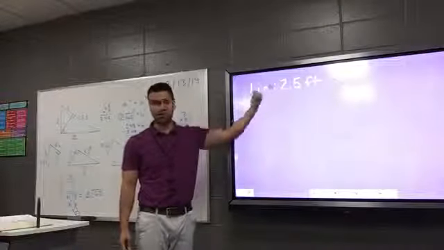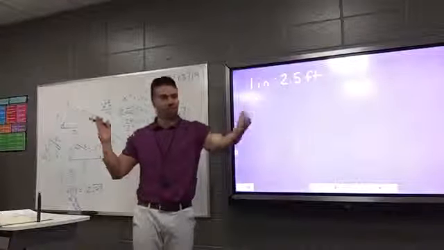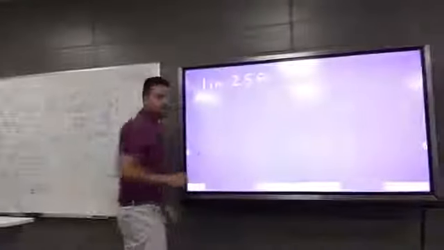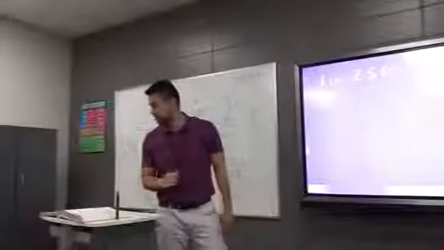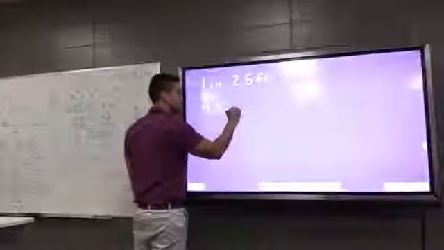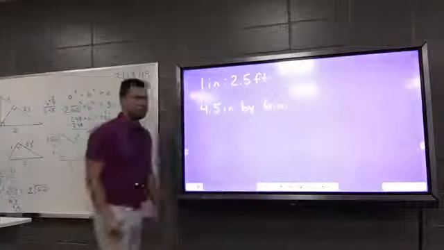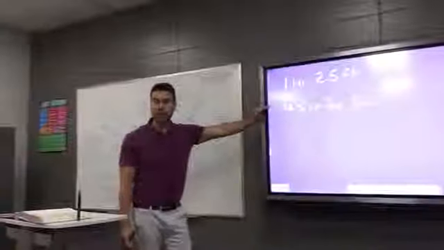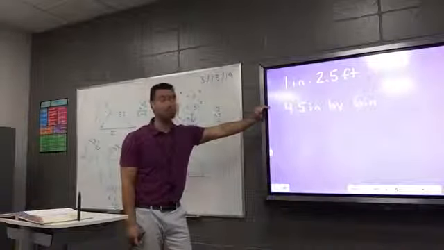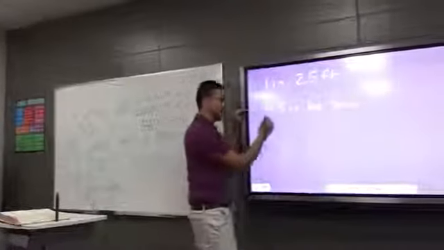Which number is the model therefore? 1 inch. 1 inch, 2.5 feet. Okay, so they're saying that the room, Selena's room, is 4.5 by 6. 4.5 inches by 6 inches. Is that the actual size? No. That's the blueprint size. They want you to find the actual.